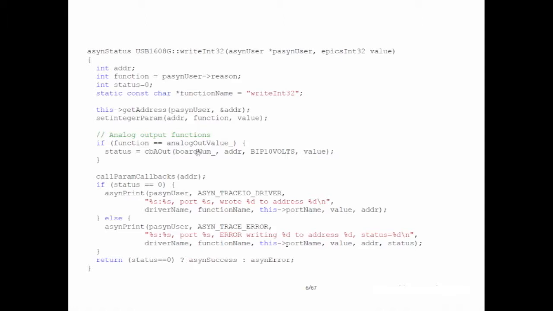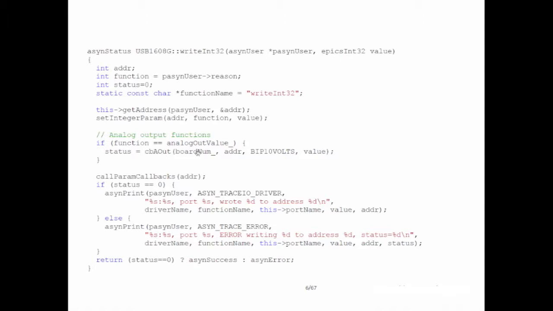Okay, so this is now the writeInt32 method that we're implementing in our driver. When your EPICS analog output record processes, it's going to compute, based upon the range of this device, 0 to 65,535, and the drive high and drive low fields of the analog output record, an integer, which it's then going to send to this driver to set the voltage.